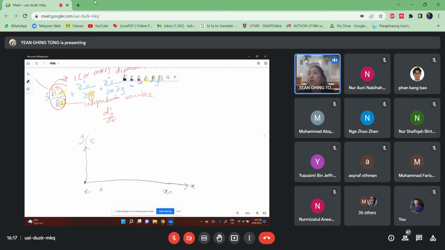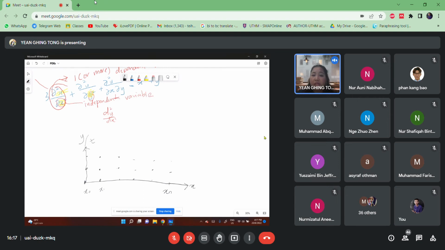That means we want to know the value not only on the x axis but for the y axis as well: at this point, this point, this point, and so on.